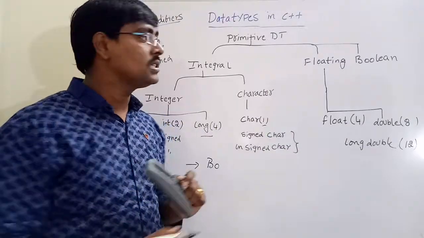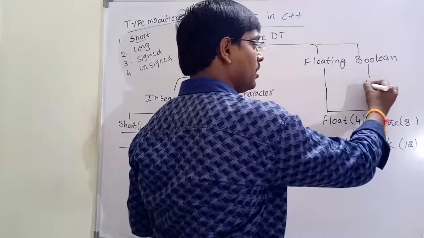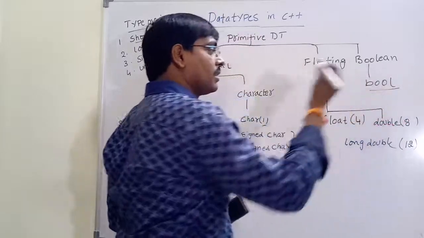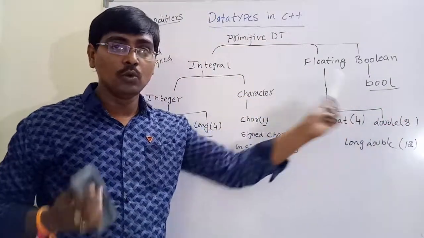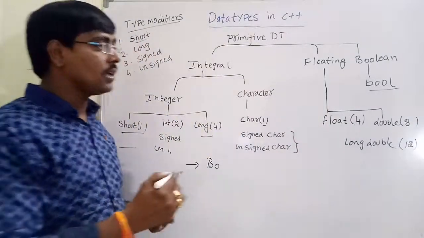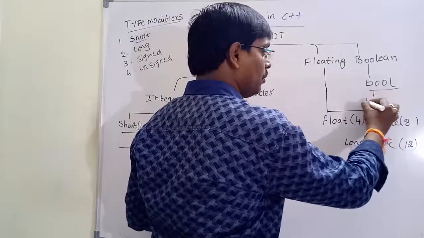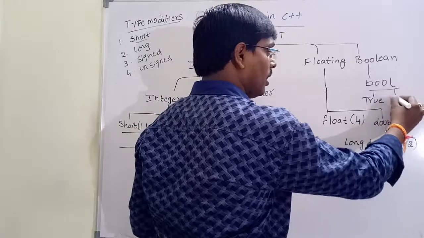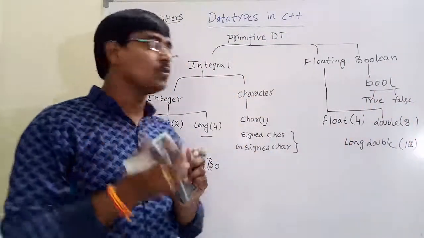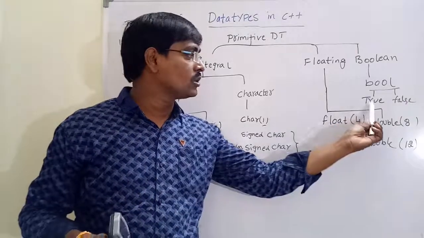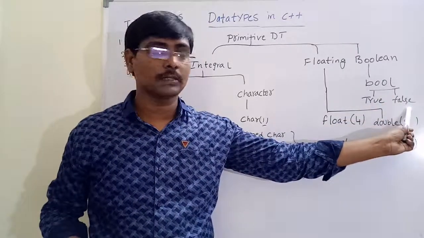Here Boolean means the keyword we are using is bool. It specifies only two cases, it is simply a logical type. The output is only either true or false. The Boolean variable requires only one bit, that is, it stores either true or false.